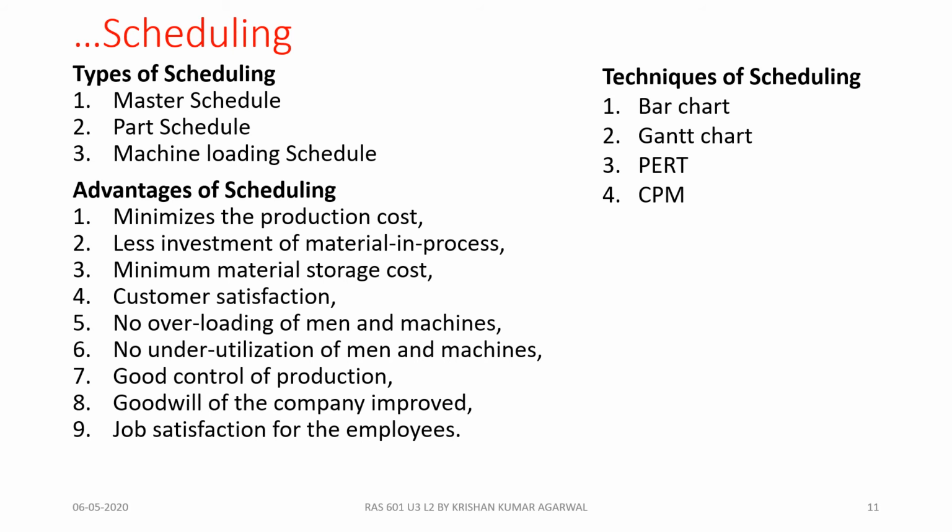Another schedule can be prepared related to production of parts, and a machine loading schedule is also there, like which machine will be loaded at what time and who will work on that particular machine. The machine downtime and machine work time can be calculated, and accordingly the maintenance schedule can also be finalized for the machine and tool itself.